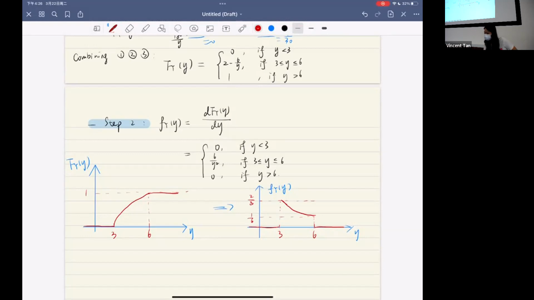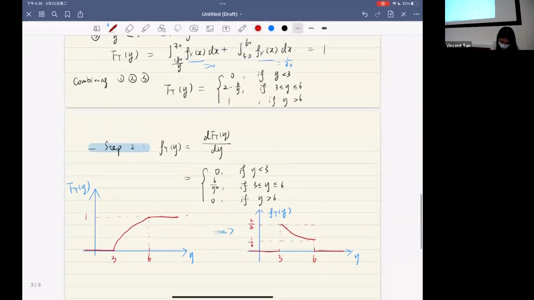Do you mean the PDF of y here? The CDF of y for y greater than 6 is equal to 1. So after we differentiate this 1, the differentiation is equal to 0. Yeah, right. Oh, okay, I see.